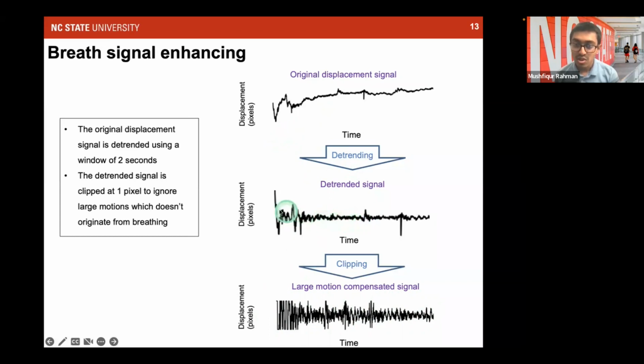But we still have some very large motions here, and these do not correspond to dog breathing but to other kinds of motions. So we again compensate the large motions and get this nice graph where these periodic small motions correspond to dog breathing.